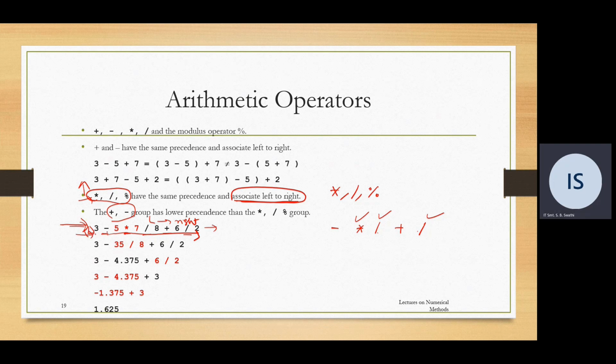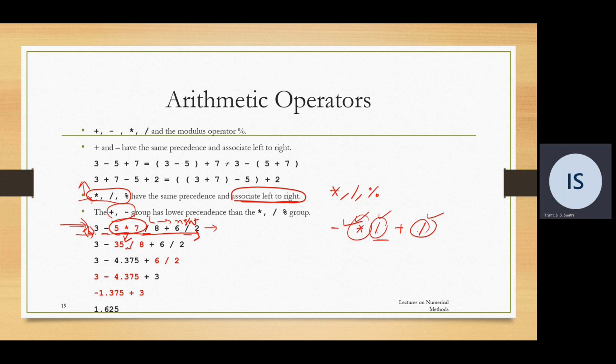So first we have to execute the multiplication and division operations. Among these three, the star operation is coming first, so this will be executed first. 5 into 7, 35 is executed. Then this symbol will be executed next, coming prior to the 6 by 2.